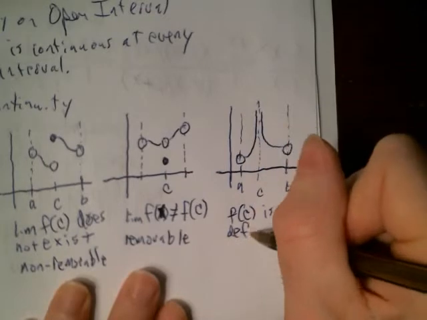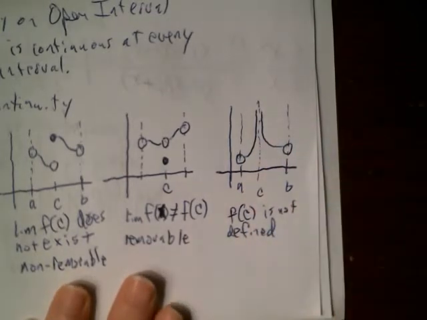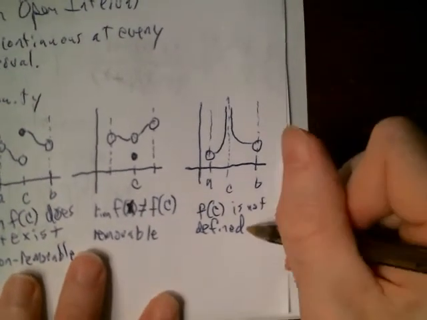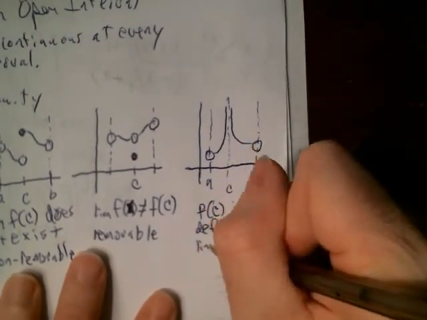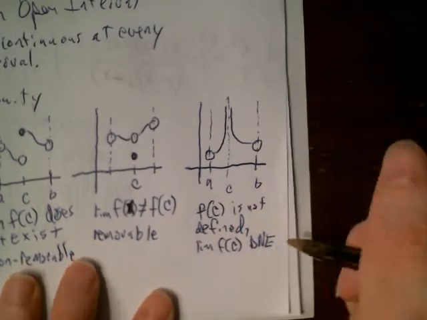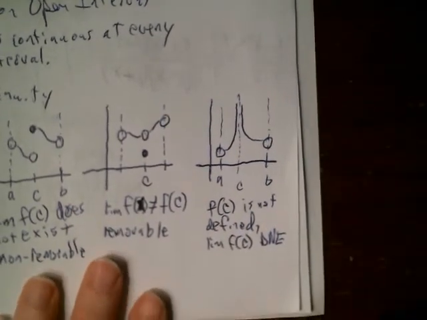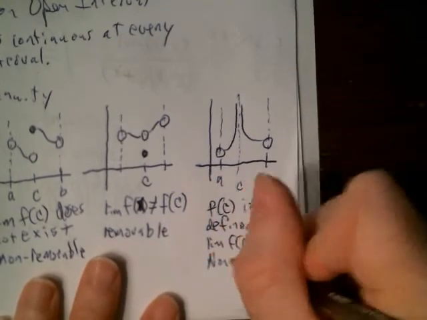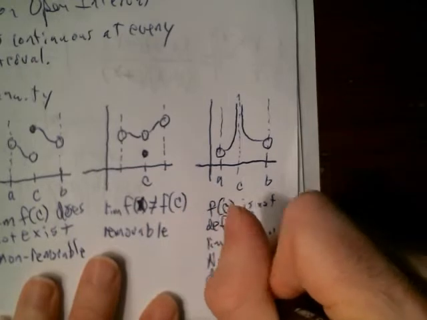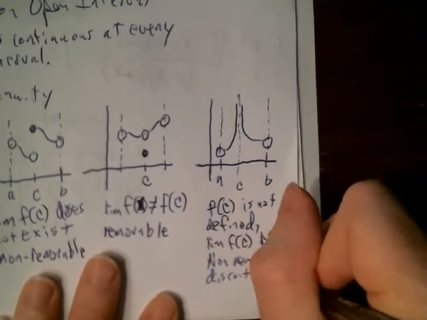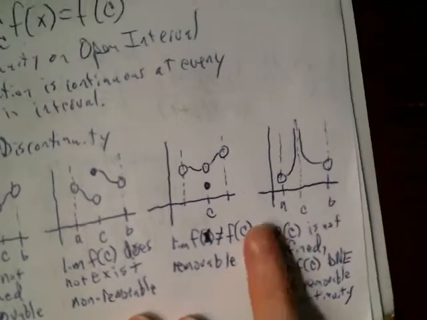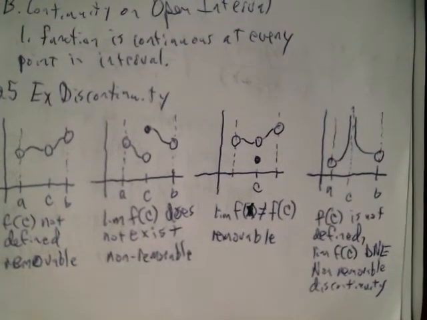You could try to define it to be some value, but it's just not going to pan out. f of c is not defined, the limit does not exist, and the type is non-removable. There's no way of fixing this problem by just doing some redefinition.